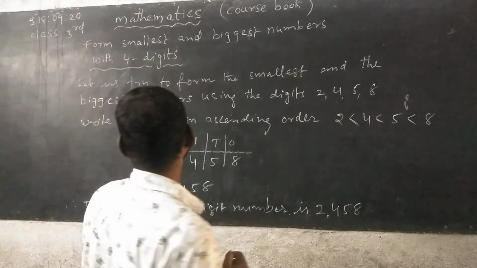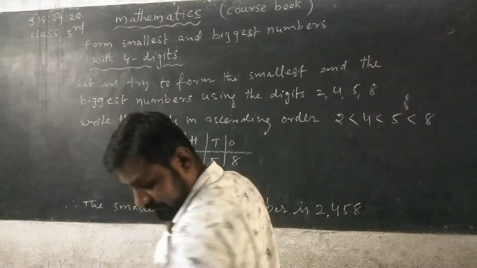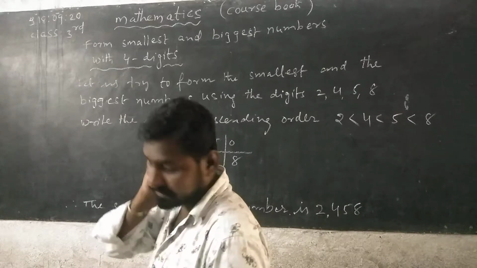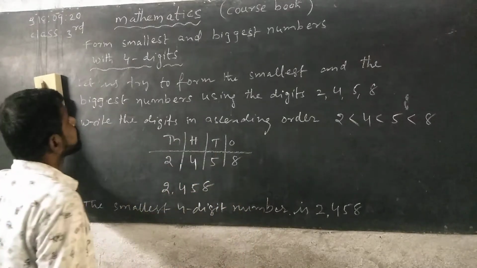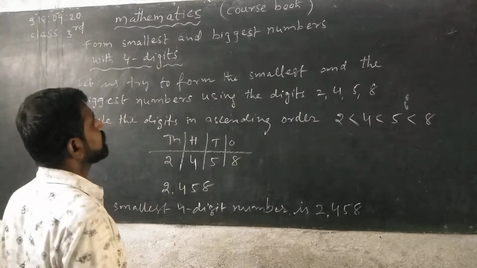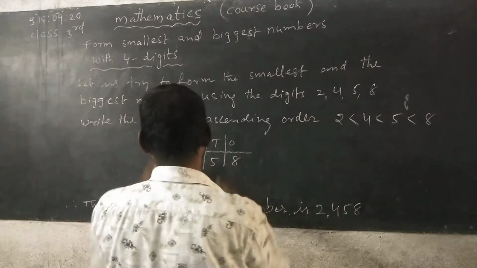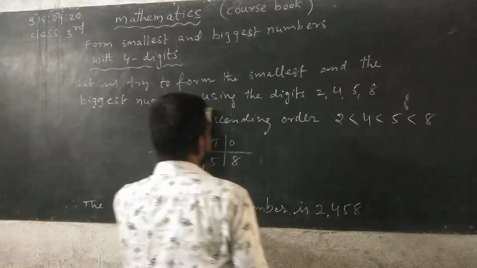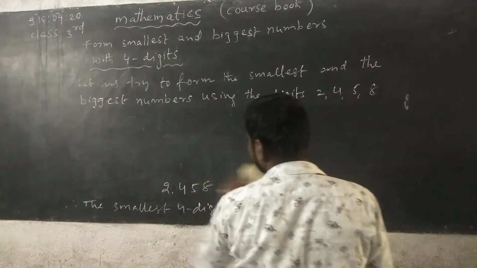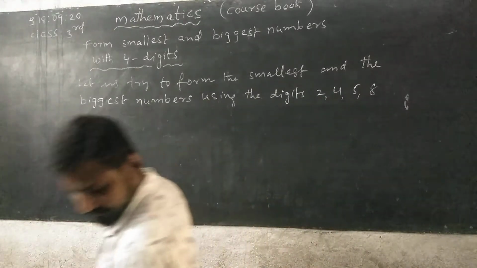Next, let us try to form the smallest and the biggest numbers using the digits. You write the digits in ascending order. Next, the biggest number. How can you write it? See here.